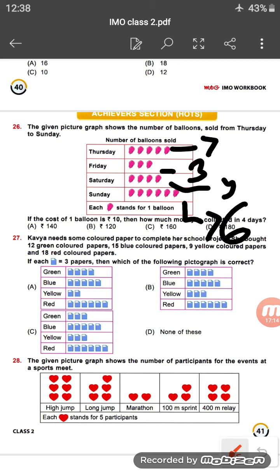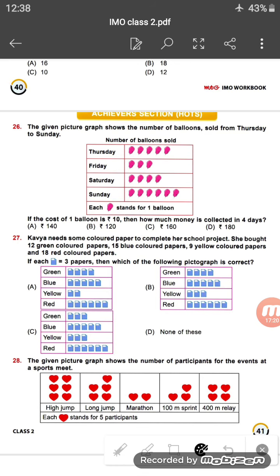Okay, so if the cost of one balloon is 10, then how much money is collected in 4 days?